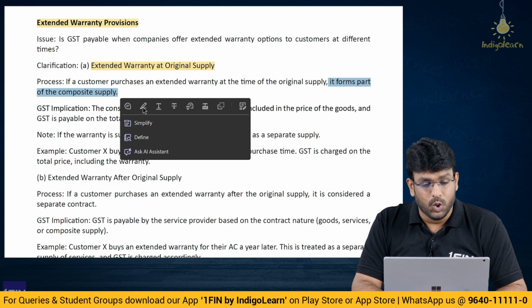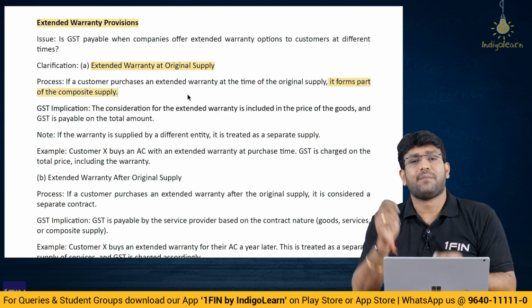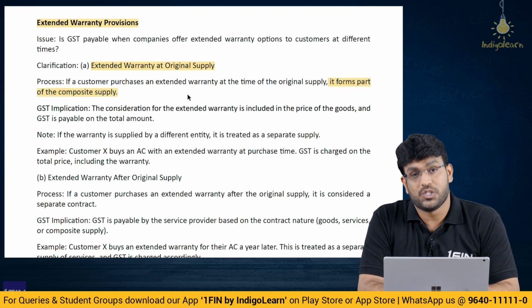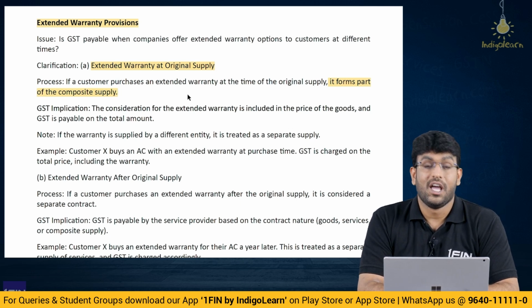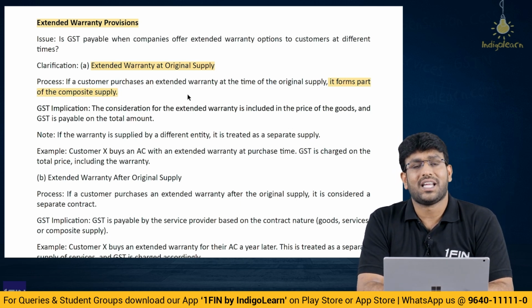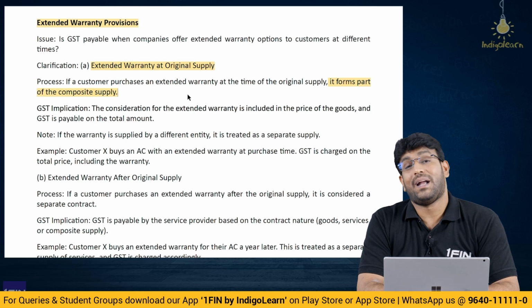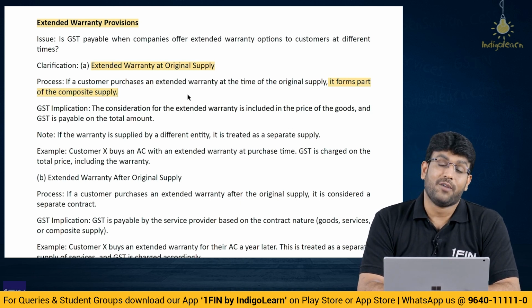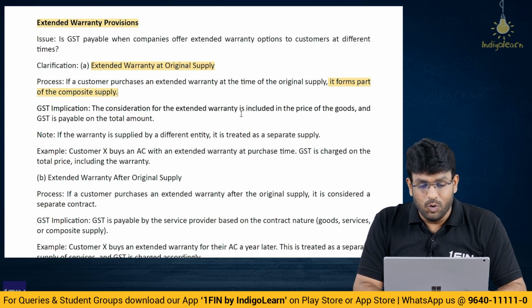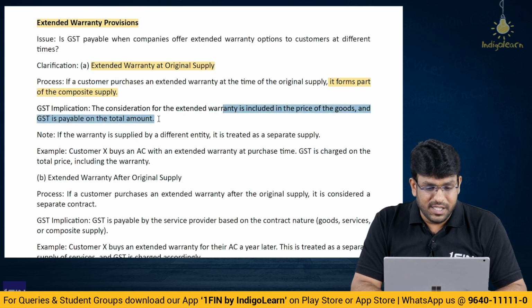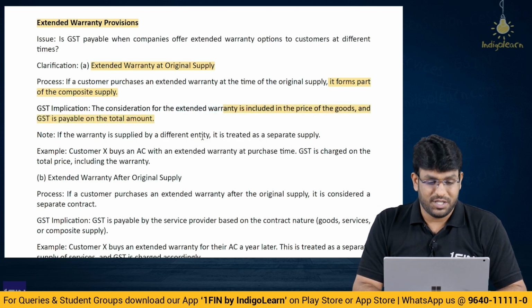For example, let me tell you, practically just a few months back, I purchased a car where they give 3 years warranty. Apart from the 3 years warranty, I paid an extra 70,000 rupees for an additional 2 years warranty. That's nothing but extended warranty, where I paid initially itself at the time of purchase of the car. Now, consideration is included in the price of the goods and GST is payable on the total amount.